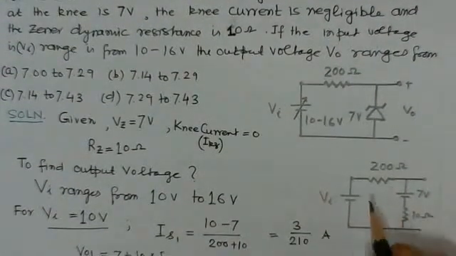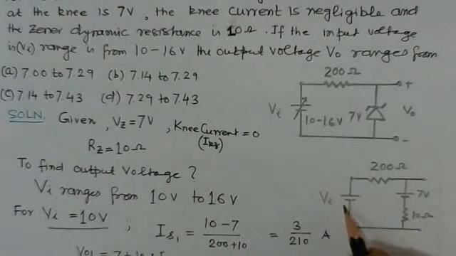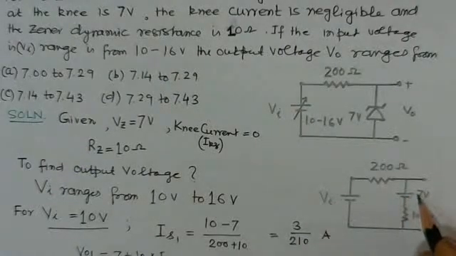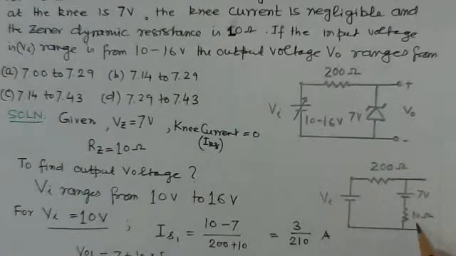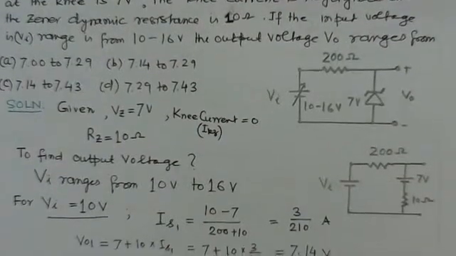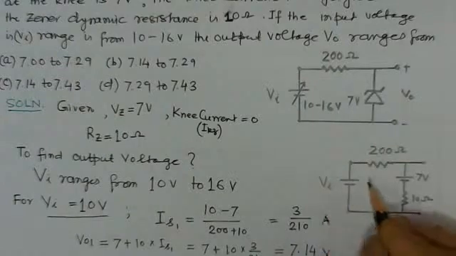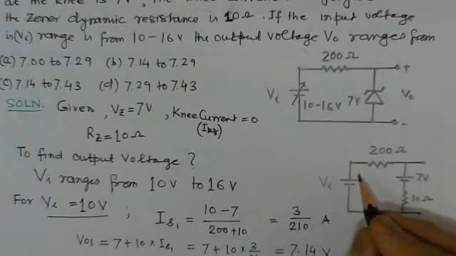Now we have drawn here an equivalent of this. Vi is the input, 200 ohms. This is the equivalent circuit of the Zener diode, this 7 volts supply because of the Zener equivalent, and this is the 10 ohm series resistance of the Zener. This has been marked here. So now we can find from this the value of the currents for the two cases.